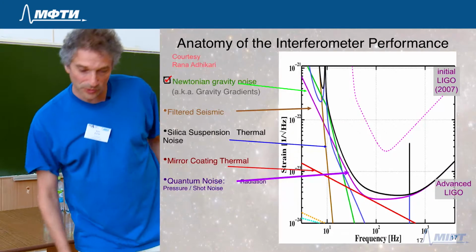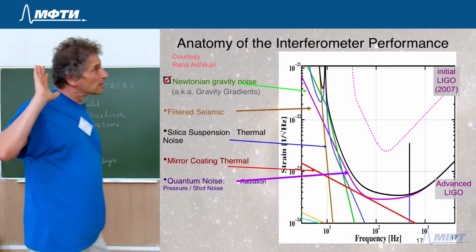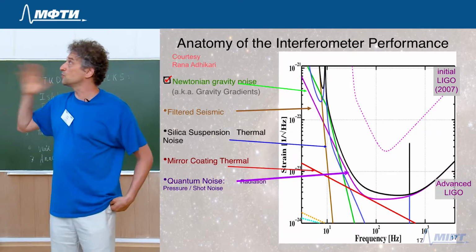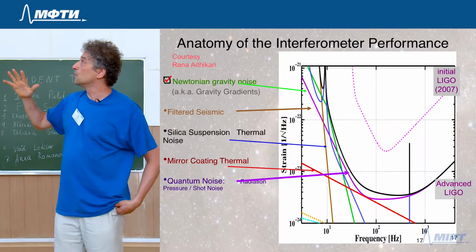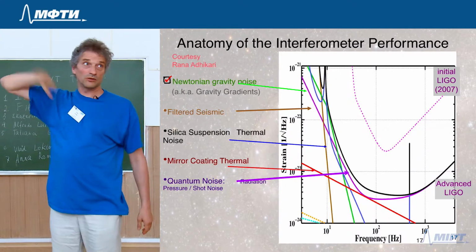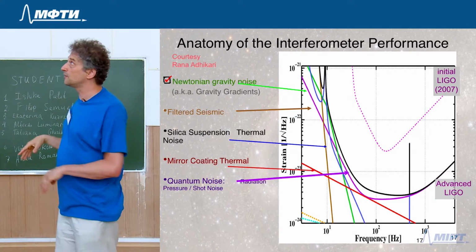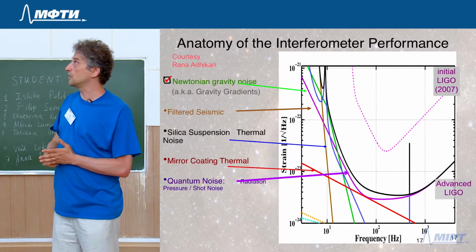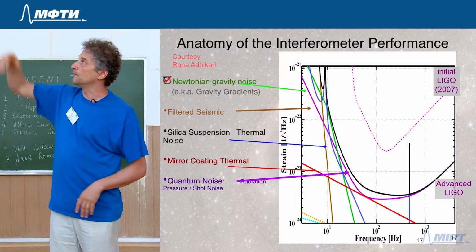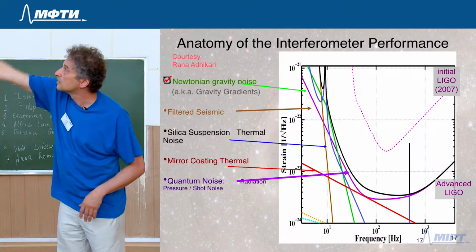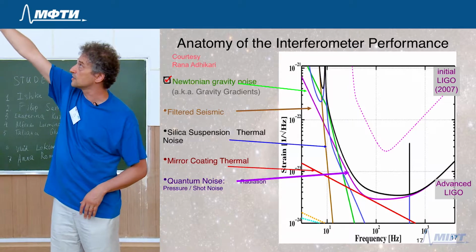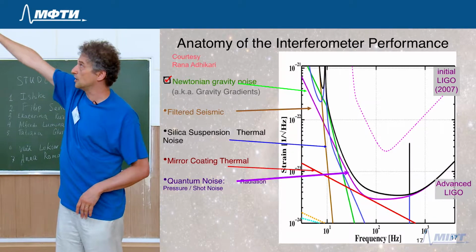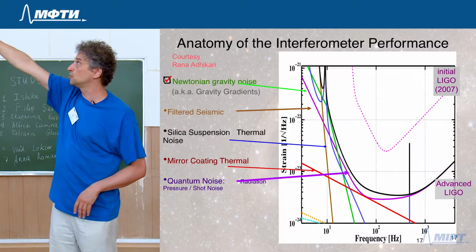Now this is the last slide that I'm going to show on the instrument side, just to show you what the noise curves conceptually look like. Of course, in reality, they look a bit different, but these are the products of calculations of what the noise curves look like. And we have seismic noise at low frequencies. In the middle frequencies, you have the thermal fluctuations, the thermal noise.